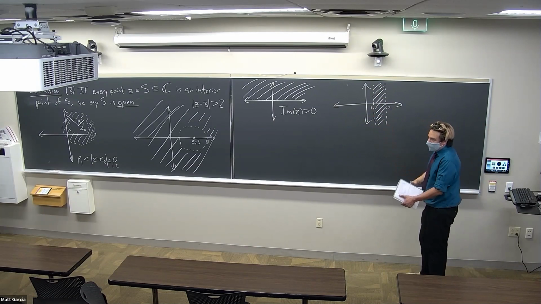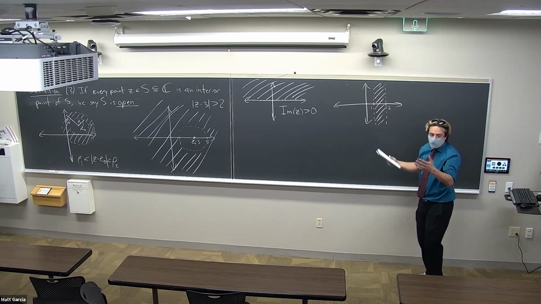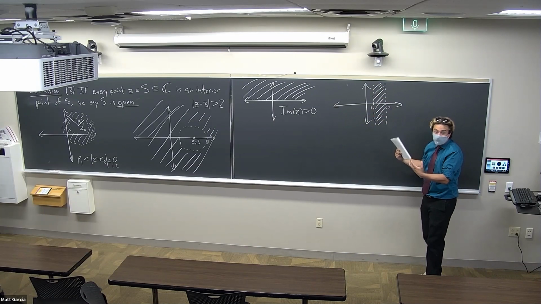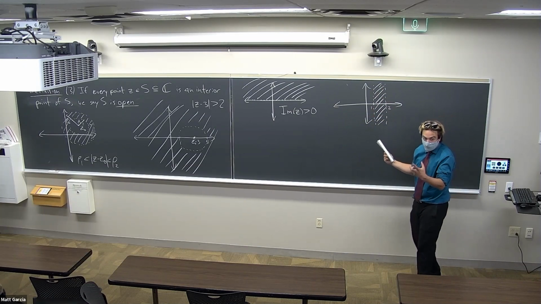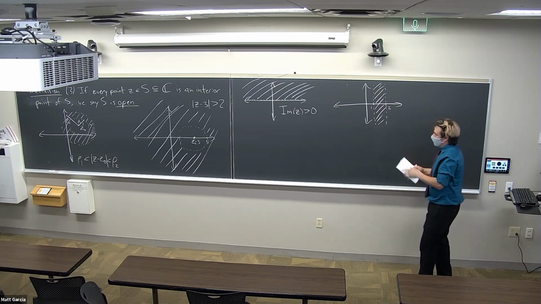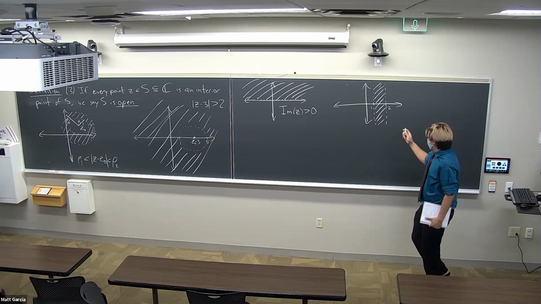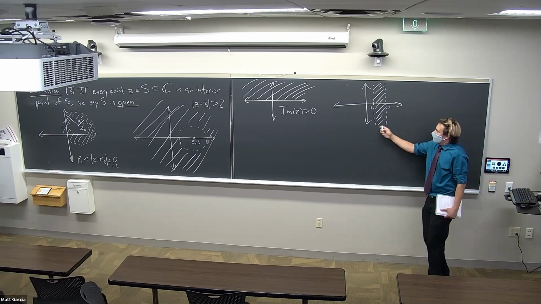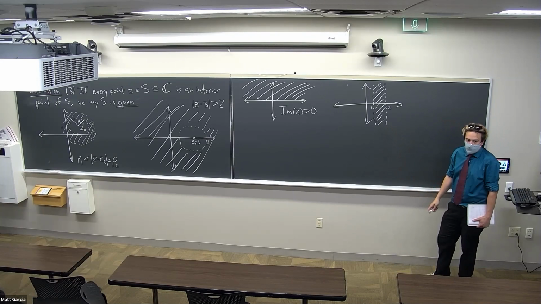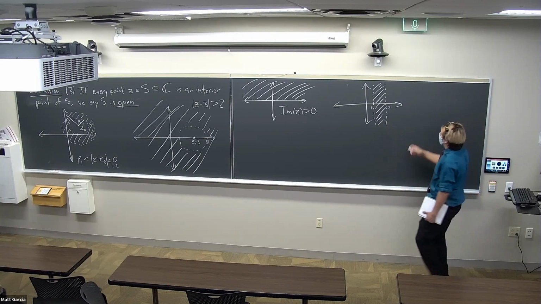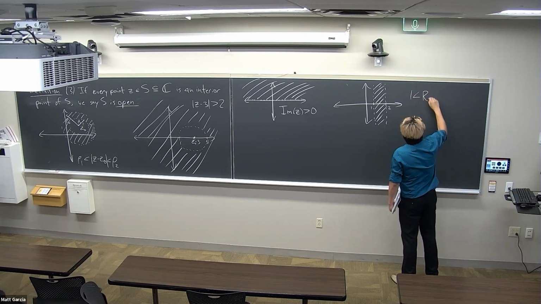Kind of the general idea of what openness is. You don't have any part of the boundary, even though we haven't defined exactly what the boundary is yet. You could probably guess, but we'll go through that in just a moment. But what's the inequality that specifies this? 1 is less than the real part of Z is less than 2. Yeah, exactly.